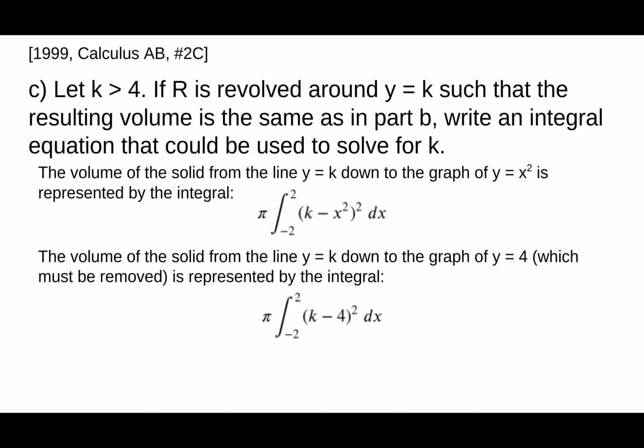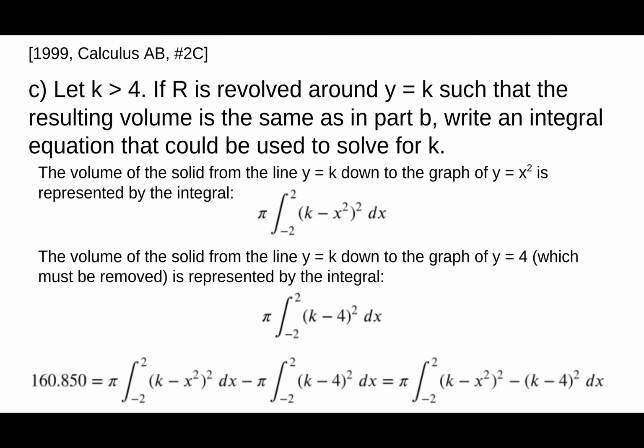All right, the volume of the solid between the line y equals k and the line y equals 4 can be found using the integral pi times the integral from -2 to 2 of k minus 4 squared dx.